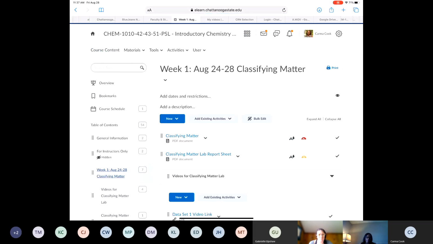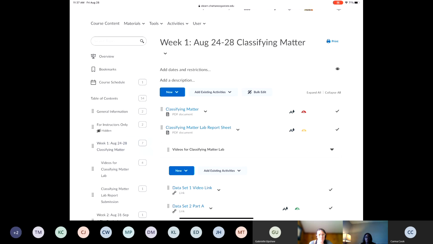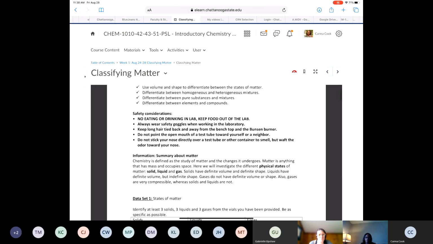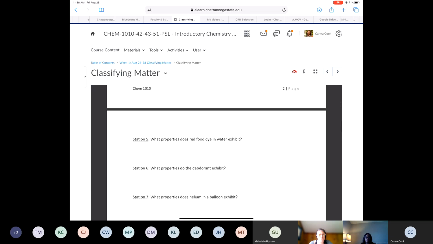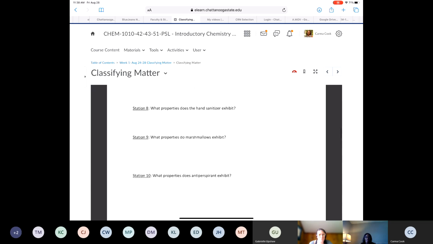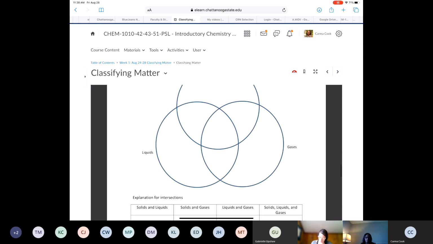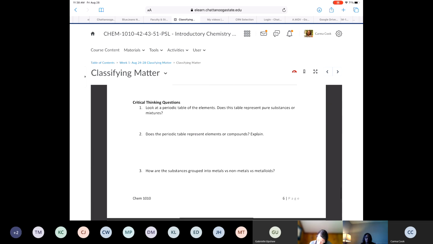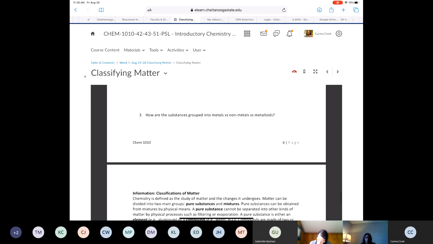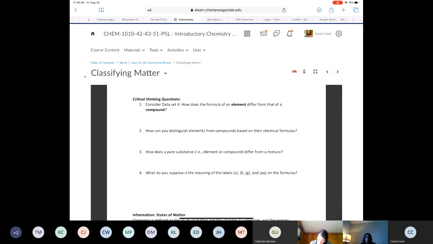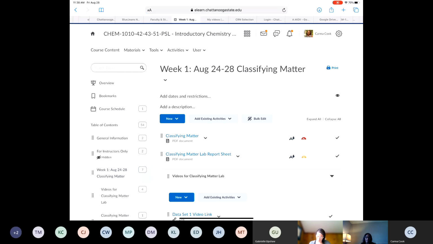So for this week, there's the report sheet. Here's the actual full document. So you're saying you didn't find this? So this has the data sheet and the instructions. So I had both documents there.